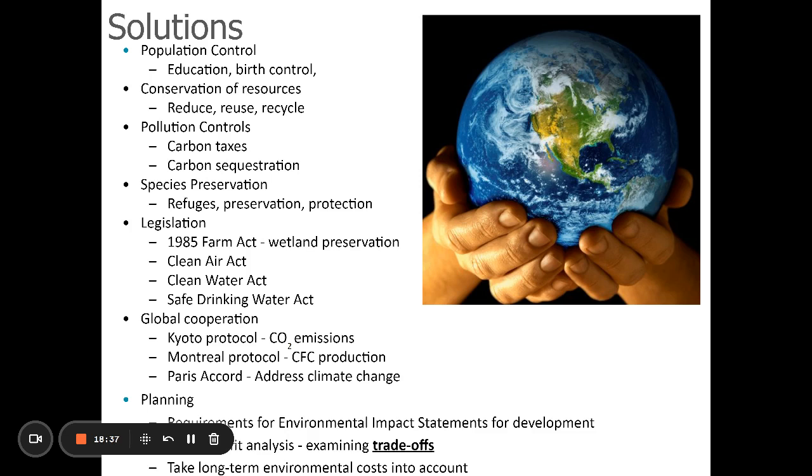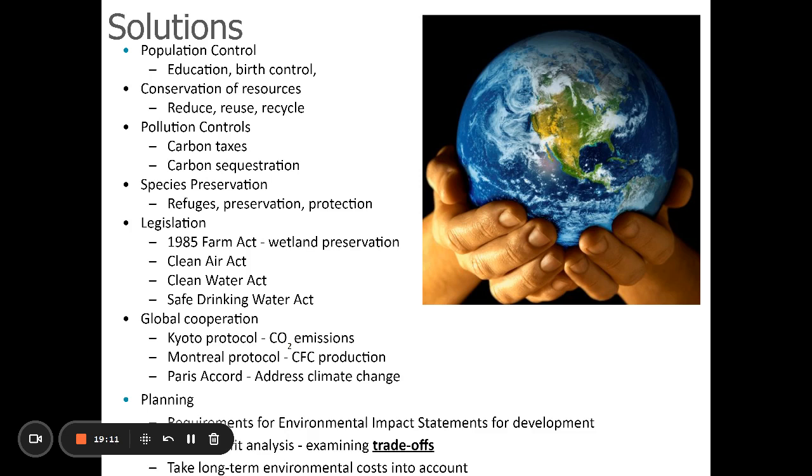So if people become more educated, if there's more access to family planning resources like birth control, then we can limit population growth of the human population on the earth. Conserving resources by using things more wisely, reducing our use of the earth's resources, reusing and recycling products. Those things can help to reduce some of these problems.